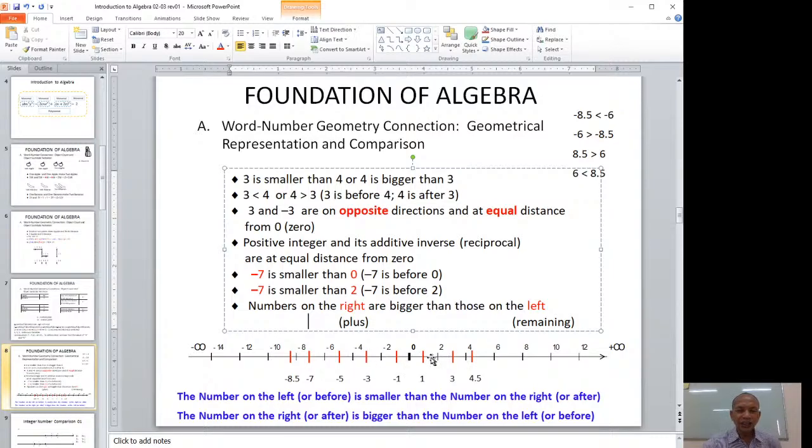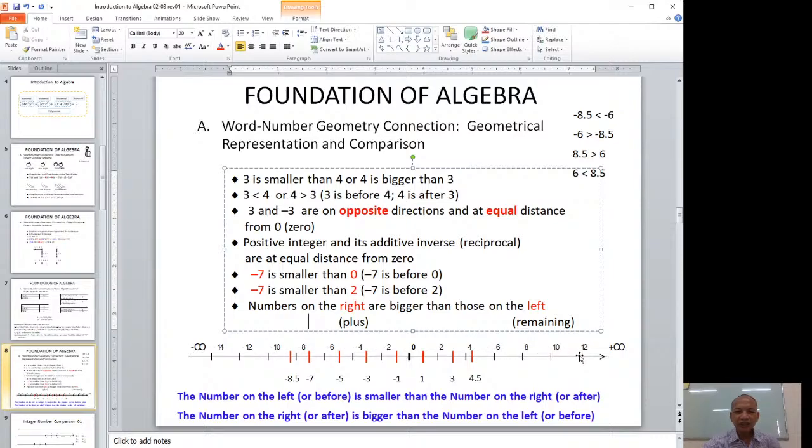So only the negatives are on the left side and the positives on the right side, and since it's a reflection, here we have negative 12 and plus 12.